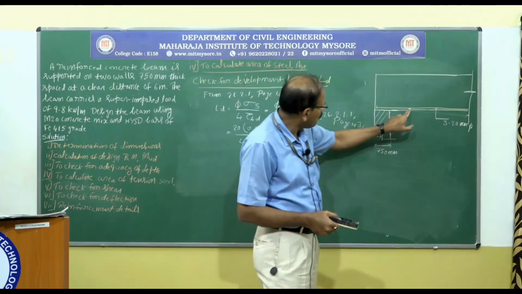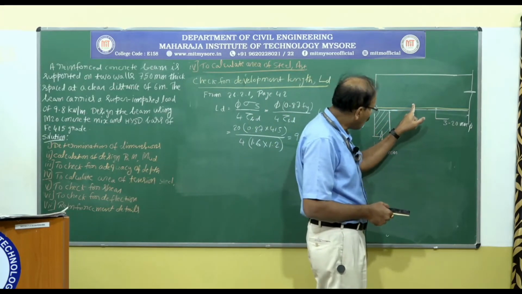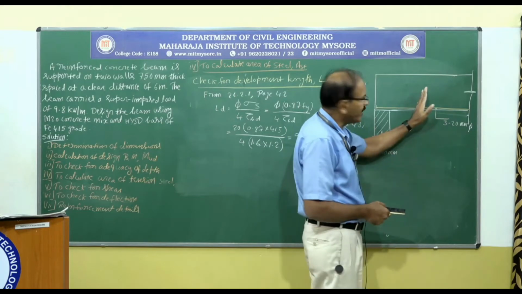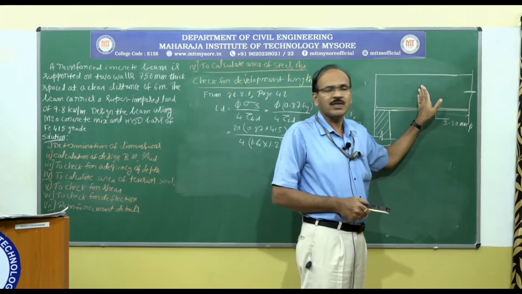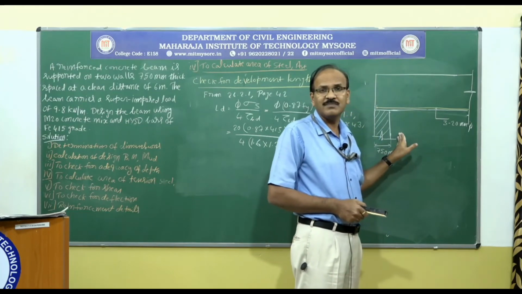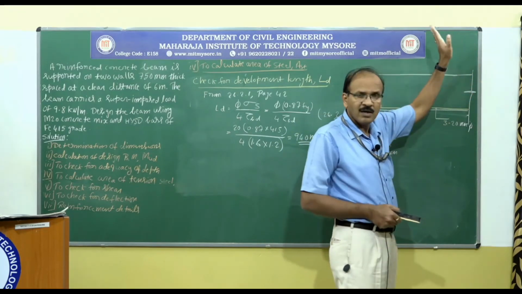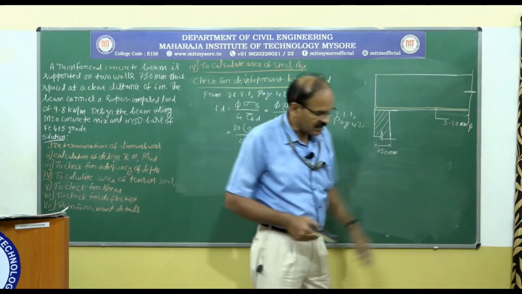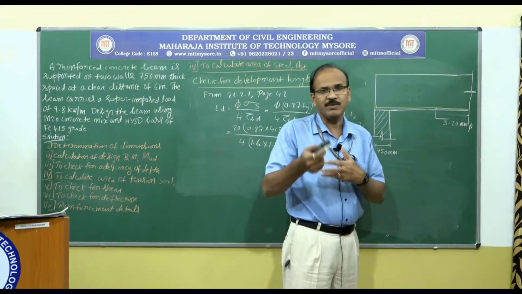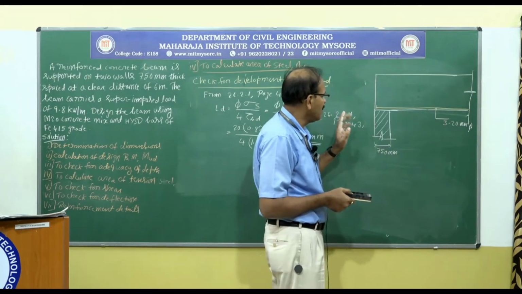Those 2 bars should be continued here, and if you need, you can cut one of the 3 bars which is in the middle somewhere here, because we don't need all the 3 bars to take care of bending moment here, because we have minimum bending moment here. Okay, we design the section for bending moment at the midsection where we have maximum bending moment. For that we got 3 bars.